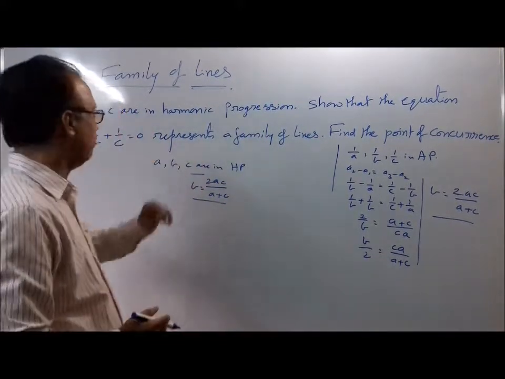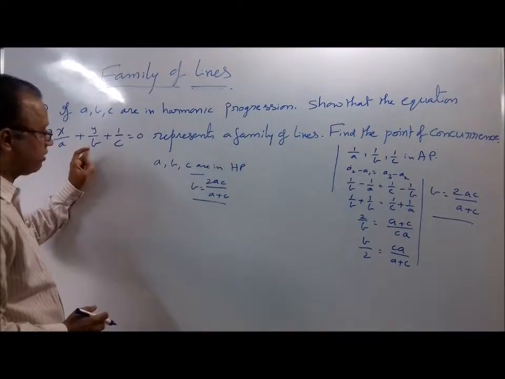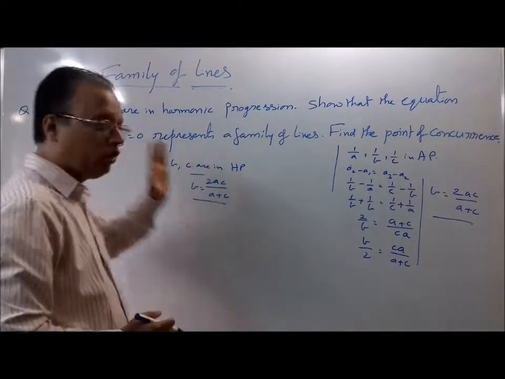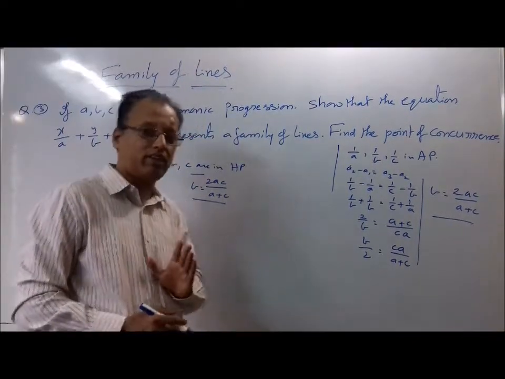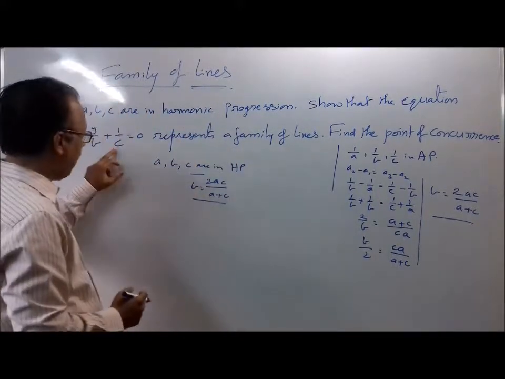So when A, B, C are in HP, I should consider B is equal to 2AC by A plus C. Now, this is a given condition, this is a family of lines, so I should adjust this one. Here three constants are there, and one constant I have to eliminate.